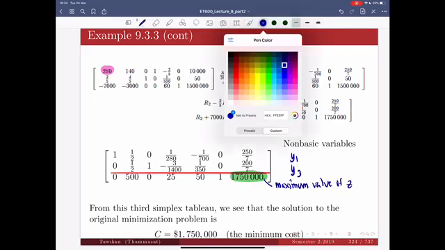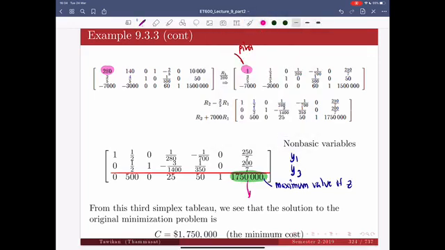So you can label it also saying that this is the minimum cost, or minimum capital C, because we let C stand for the minimum cost. And that minimum cost occurs when your S1 is 25 and S2 is 50.